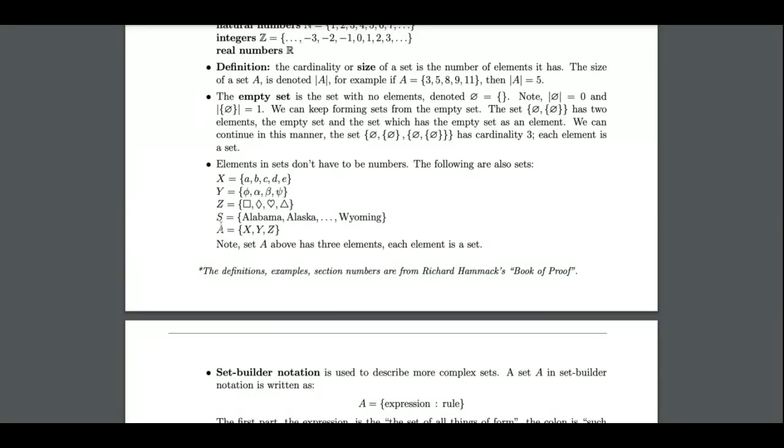You see, the size of A is 3, but X is a subset of A. Y is a subset too. We're going to talk about subsets later. But the size of X is bigger than the size of A. So this is something different, crucial about sets.